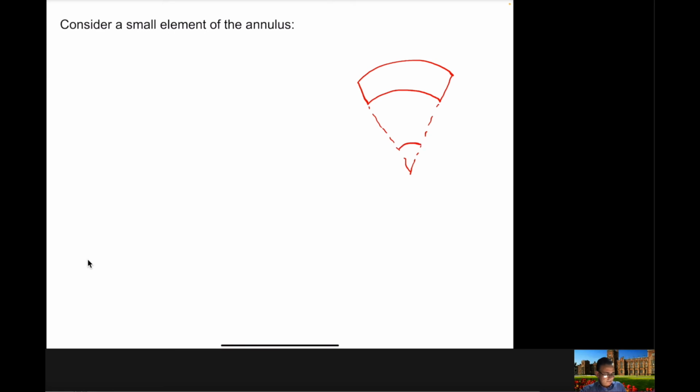This angle is delta theta, which is a very small angle, and the centripetal force in this case is going to be in this direction here. And there are the forces due to the hoop stress, which is the main stress that can cause failure in the flywheel. We can write this by using this equation here.